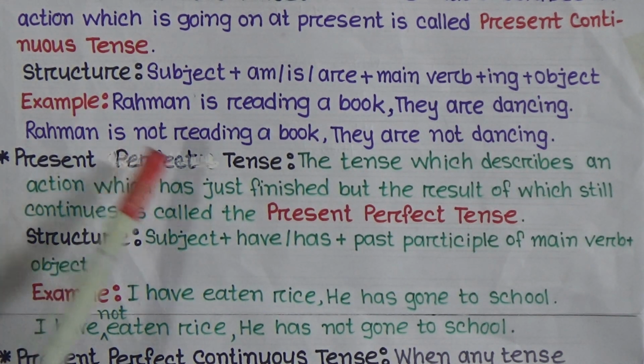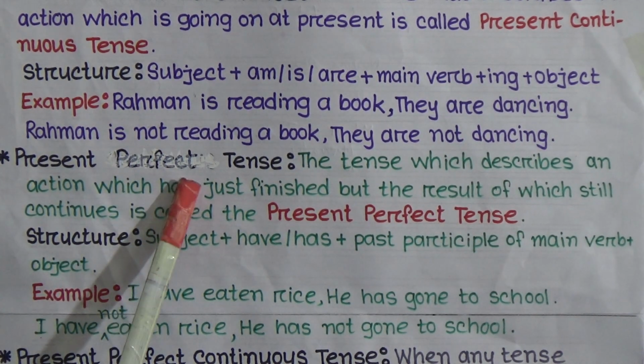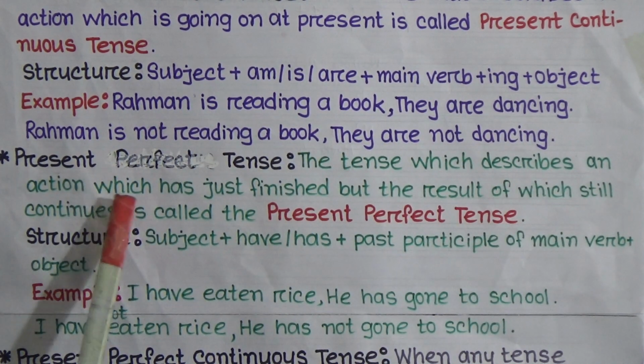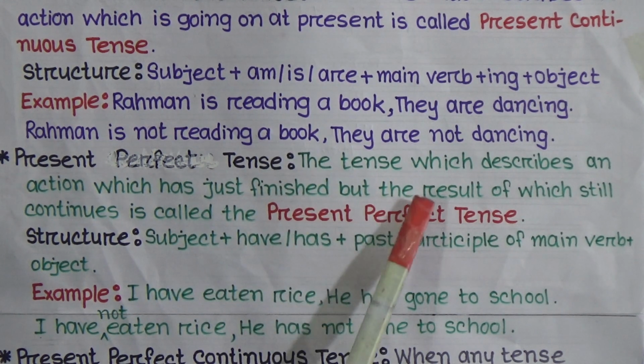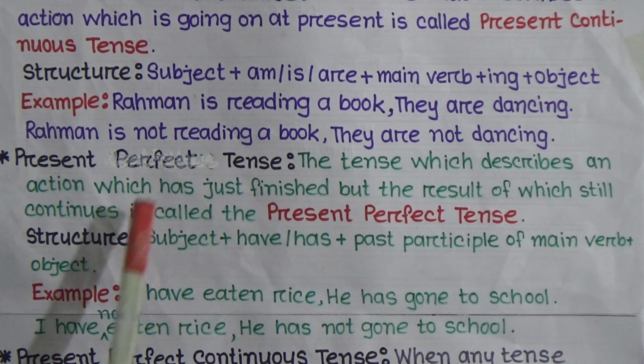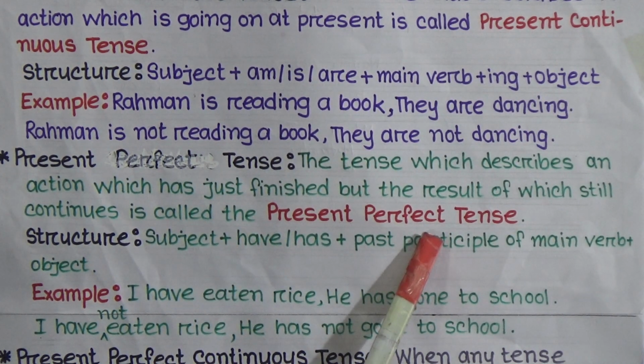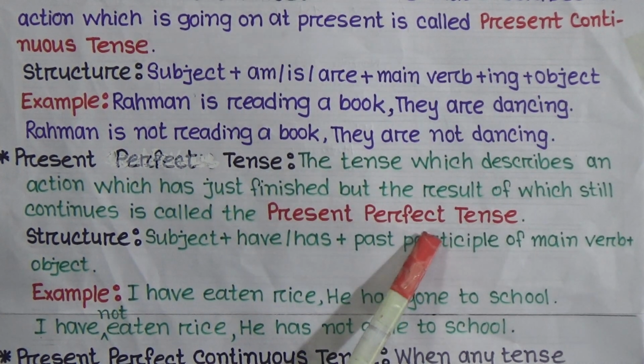Now, present perfect tense. So, what is the definition of present perfect tense? The tense which describes an action which has just finished but the result of which still continues is called the present perfect tense. I am repeating the definition.